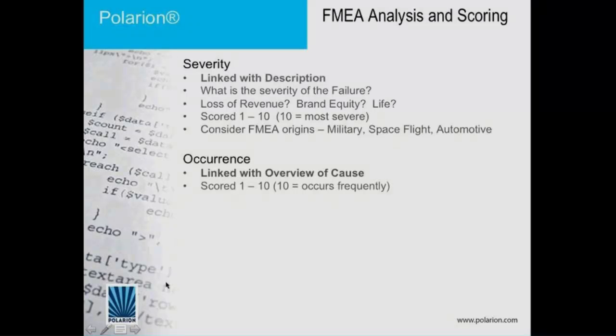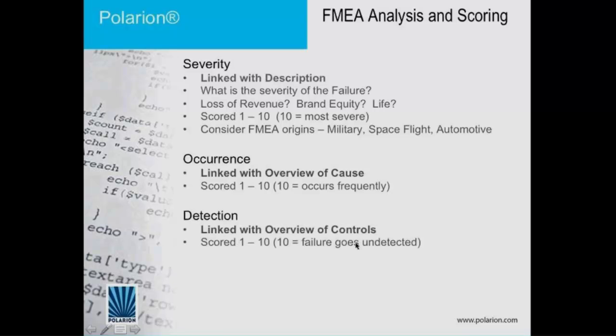Second is occurrence. Occurrence is linked with the overview of the cause, and how often this particular failure might occur is scored between 1 and 10. If it occurs very infrequently, we would see a score of 1. If it occurs many times and is often found, then it would be 10. We also have detection, which is how well the failure, once it occurs, can be found.